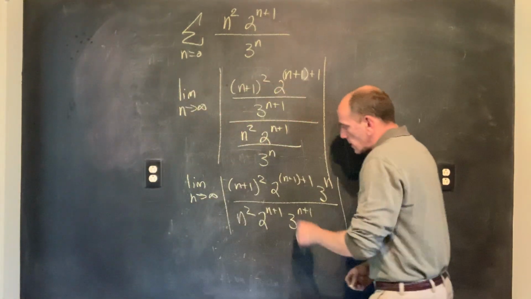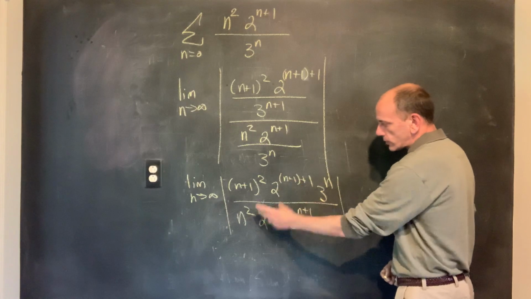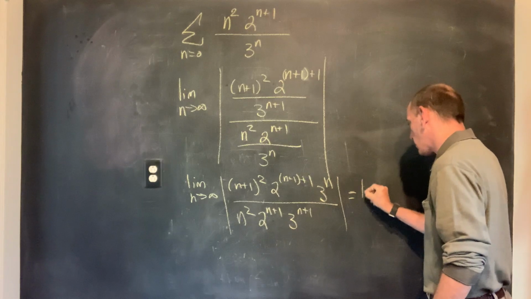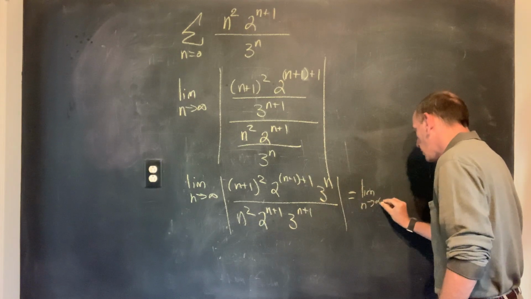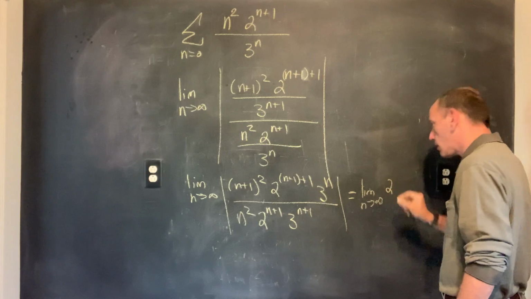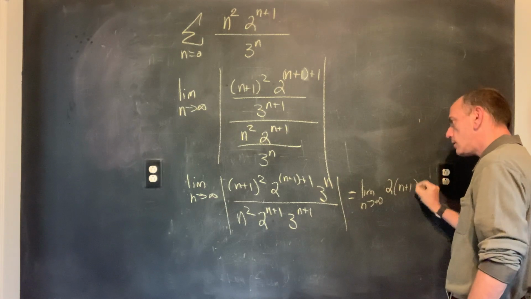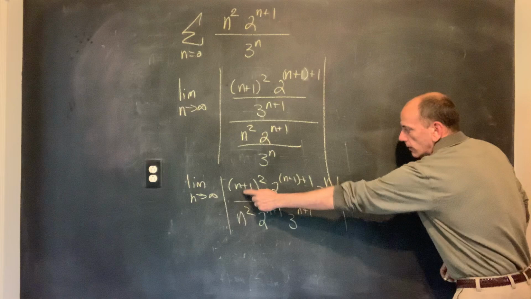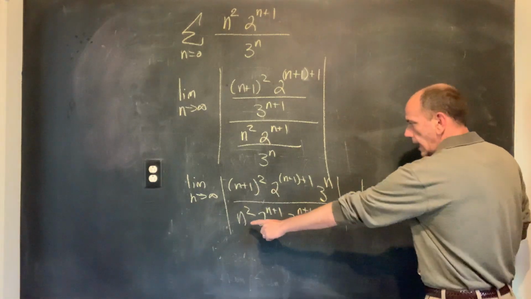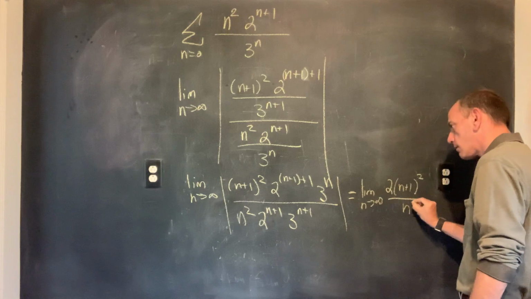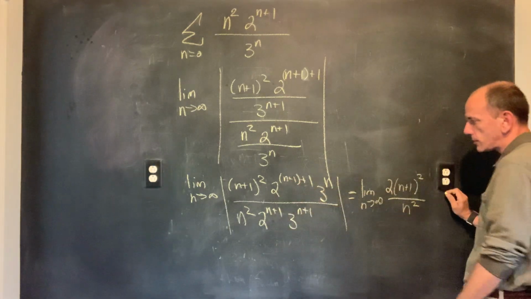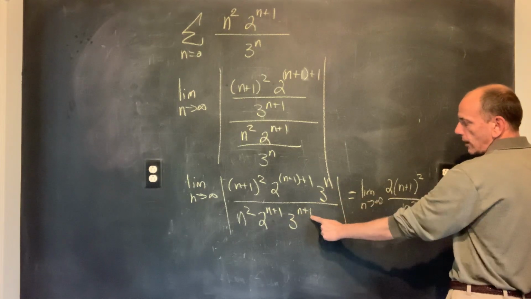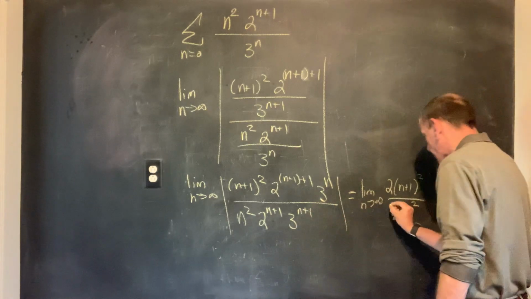So let's see. The 2 to the n plus 1 and 2 to the n plus 1, those are just 1. So I have 2 to the first power that's left upstairs. I have n plus 1 squared from here. Now let's see. There's an n squared downstairs. I already took care of the 2 to the n plus 1. Now the 3 to the n over 3 to the n, that'll become 1, but I have a 3 to the first power left downstairs, so that'll give me a 3 here.